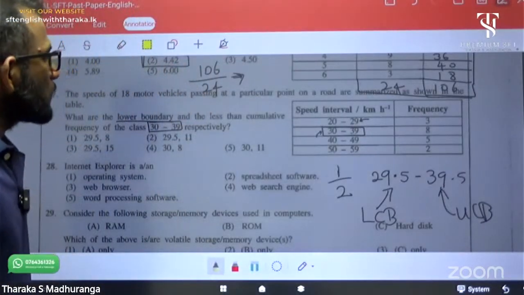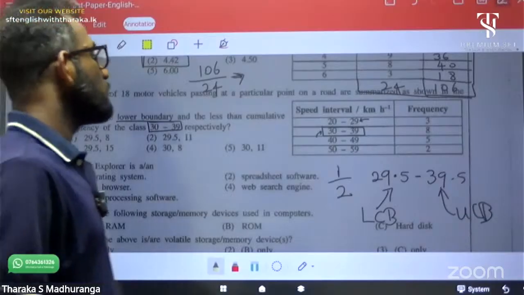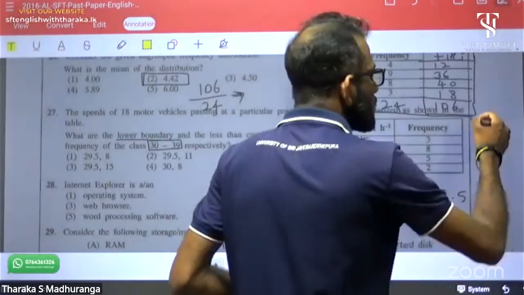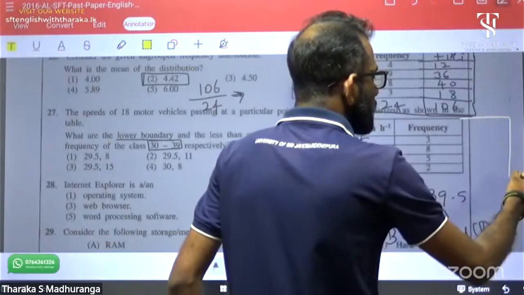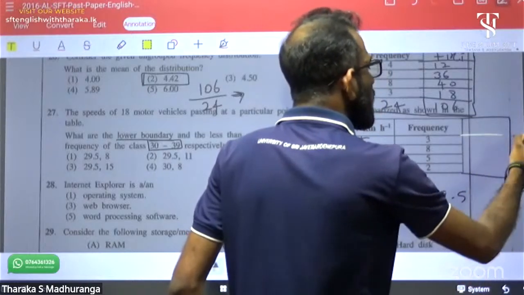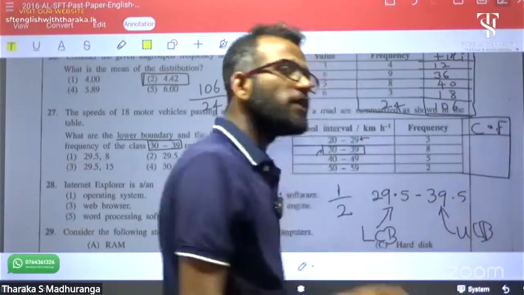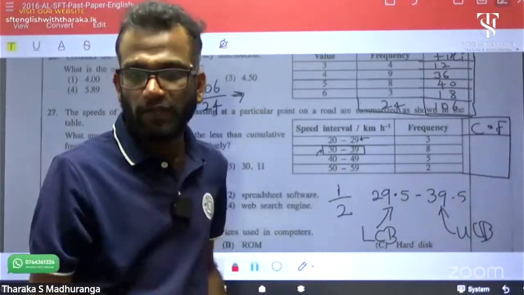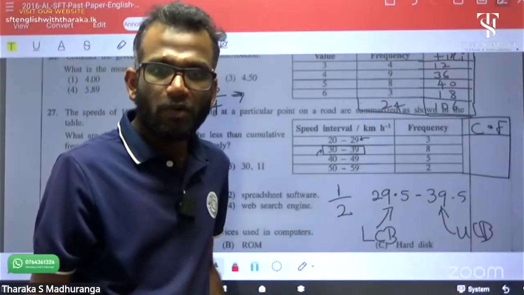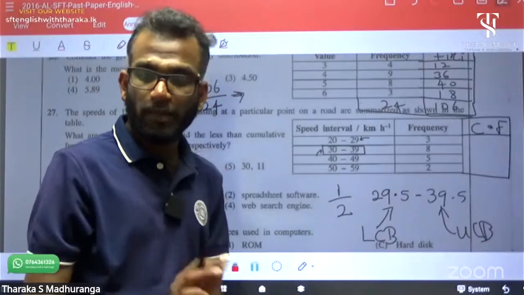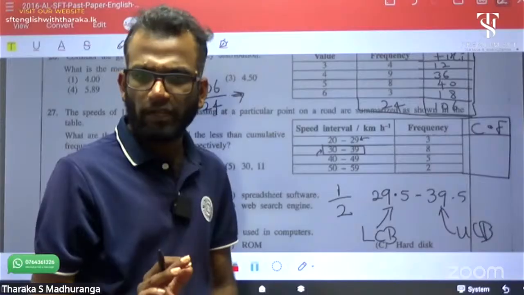Then the cumulative frequency. Without the words less than or more than, if they ask for cumulative frequency, you always have to get the less than cumulative frequency, no need for the more than cumulative frequency.